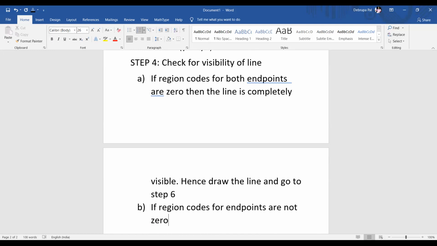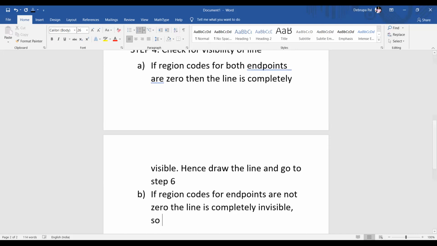Then we can say that the line is completely invisible. Since the line is completely invisible, reject the line. Hence, the line is rejected.